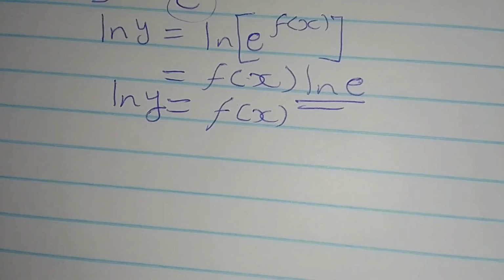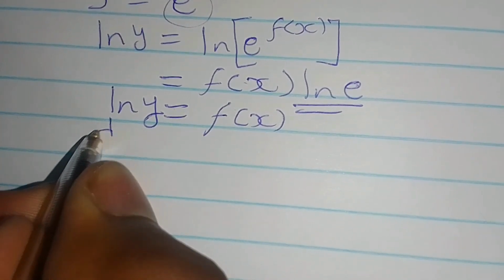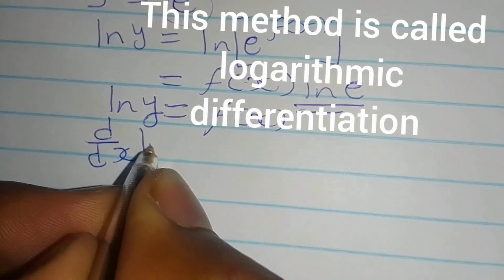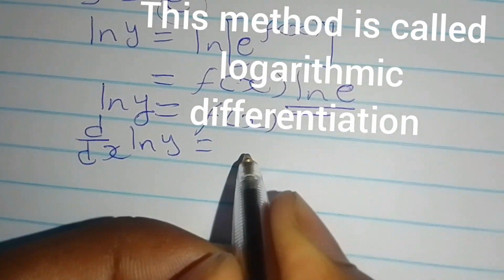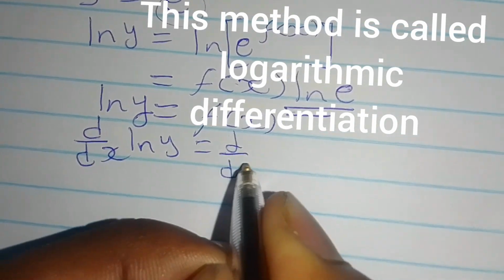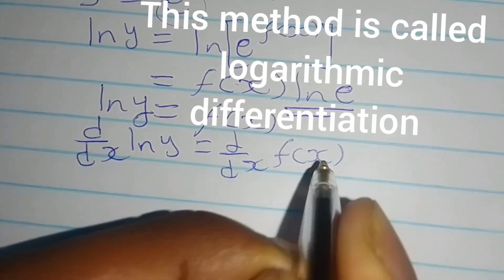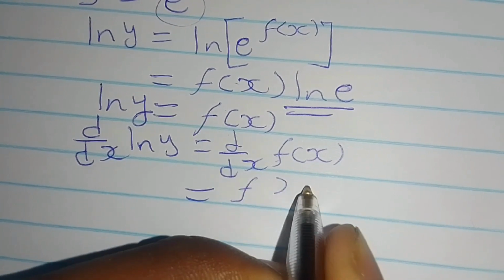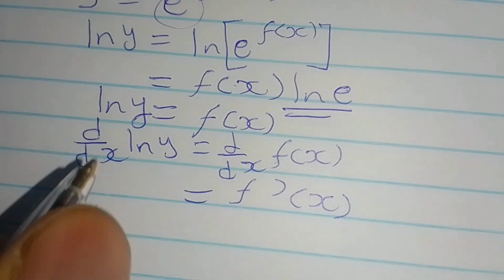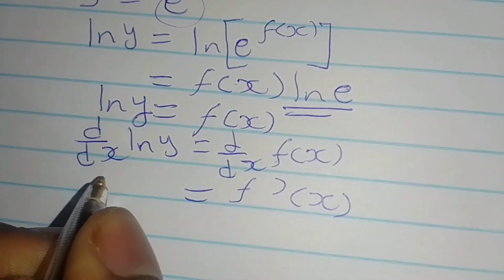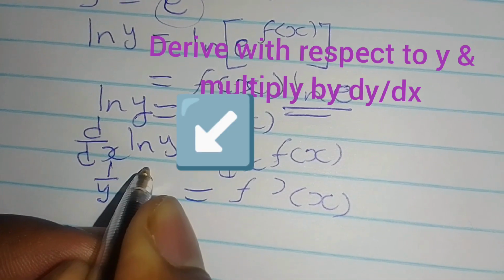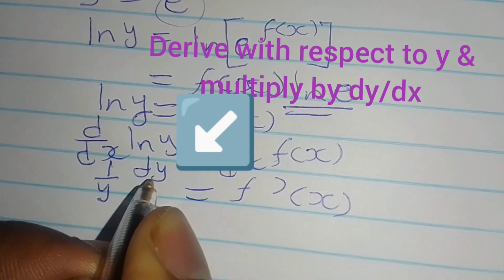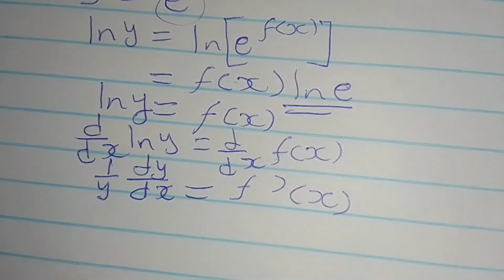So what I'm going to do now is differentiate. I'm going to say d over dx of ln y. This is the same as d over dx of f of x. But what's d over dx of f of x? That's just the derivative of f of x, f prime of x. And here I'll have 1 over y. Then obviously I have to multiply that by dy over dx.